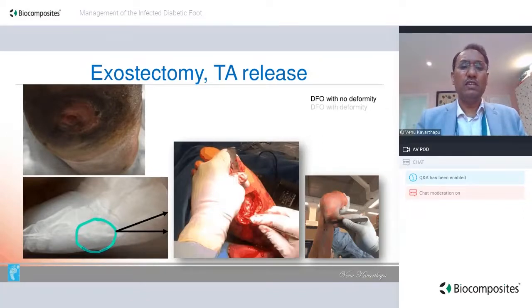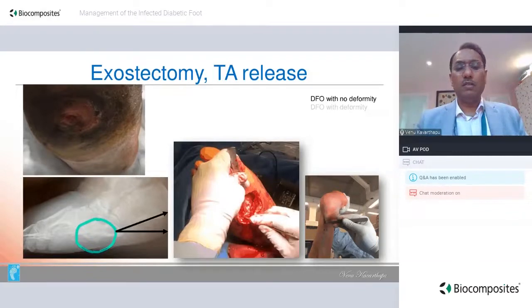So there's no doubt that on this occasion the probe to bone test was positive, and there's clear evidence of osteomyelitis in that area. So this requires aggressive soft tissue debridement using the RAG principles I mentioned earlier.